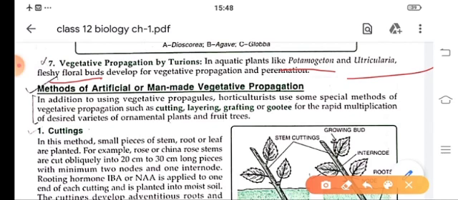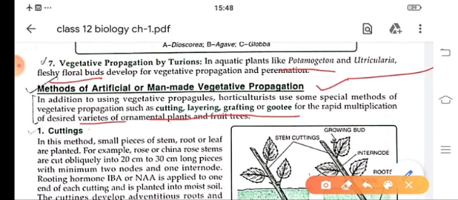Now methods of artificial or man-made vegetative propagation. So children, till now we have studied natural vegetative propagation, but artificial vegetative propagation is also there, and in this artificial vegetative propagation, horticulturists use some special methods, like cutting, layering, grafting or gootee, for fast multiplication of desired varieties of ornamental plants and fruit trees.